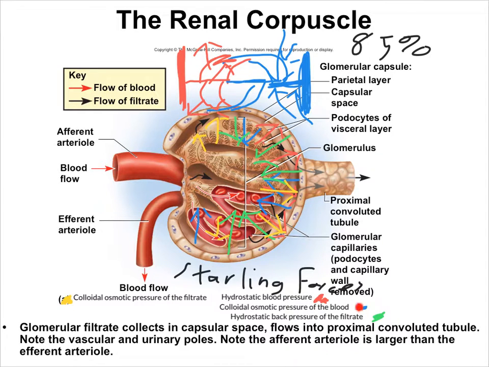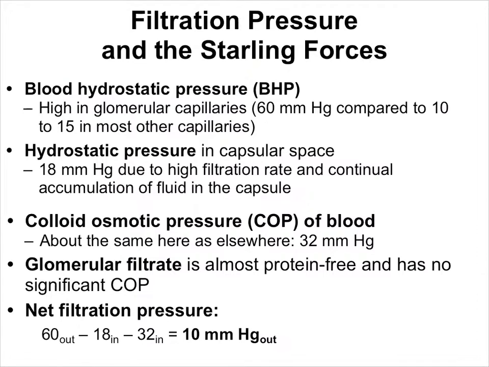These are the four Starling forces that go into making your glomerular filtration rate, which is how much filtrate you make from the glomerulus. So these are our Starling forces. Just to sort of go through them in a little bit more detail. Blood hydrostatic pressure, that's your blood pressure. But specifically, it's the blood pressure inside the glomerular capillaries.